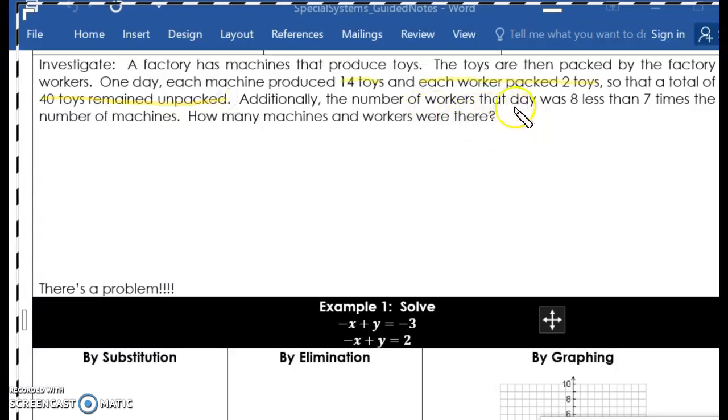Additionally, the number of workers that day was 8 less than 7 times the number of machines. How many machines and workers were there?